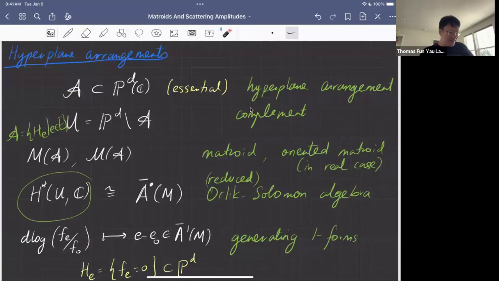I will think of this as an algebra over C, since I'm taking singular cohomology or de Rham cohomology with coefficients in C. As a C-algebra, the isomorphism class of this only depends on the matroid of A. The bar here means I'm using the reduced, or projective, Orlik-Solomon algebra. If you're familiar with this subtlety, fine. In any case, the ring on the right-hand side here is an explicitly defined combinatorial object.